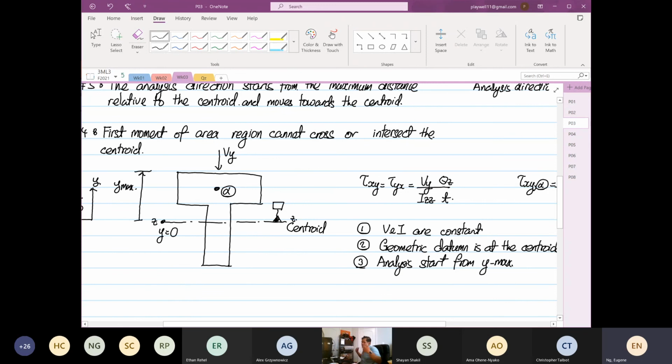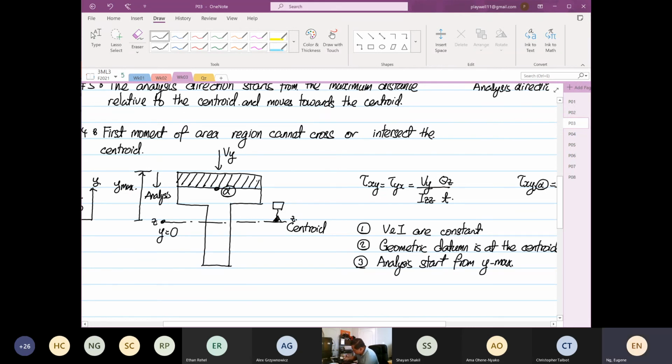Now the question is, which is the area to consider? Based on rule number 3, the analysis direction is coming down from this direction. The first moment of area is taken from y max. So this is the area of interest.